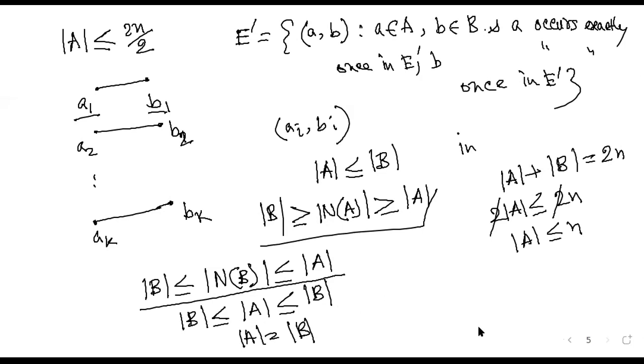if we count the edges in G, that is the bipartite graph AB, right? We can count it from the perspective of A, or we can count it from the perspective of B, right?